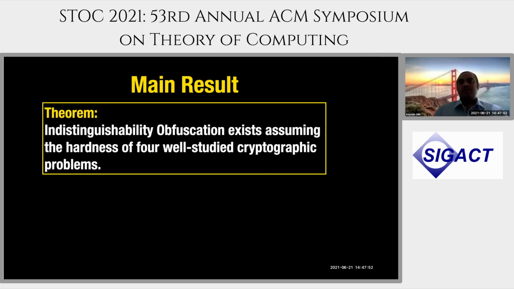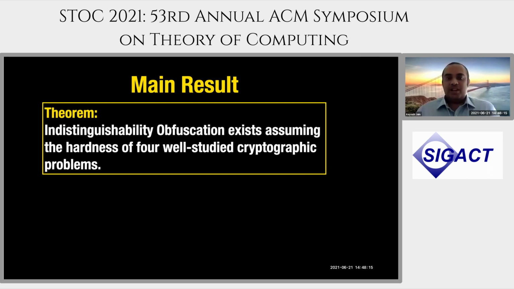The people from the algorithms community and cryptanalysis community have looked at them carefully, and what it means is that we construct an explicit indistinguishability obfuscation scheme, which is secure as long as all those 4 cryptographic problems are indeed hard. Okay, so it rests upon all those 4 problems.